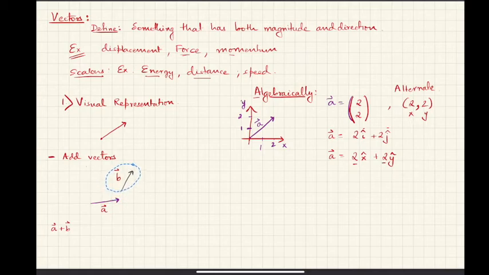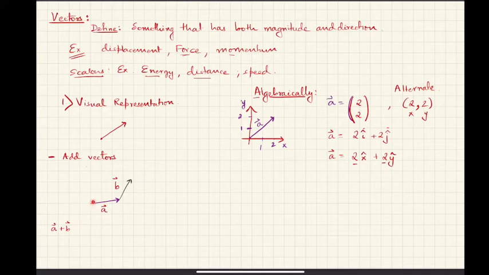So I'm moving the toe of b vector all the way to the tip of a vector without rotating it in any way, because rotation means you will change the direction and therefore you will change the vector. Okay, so I have moved b vector there, and so I start from the toe of a vector, move to the tip of a vector, then I reach the toe of b vector and move all the way up to the tip of b vector.